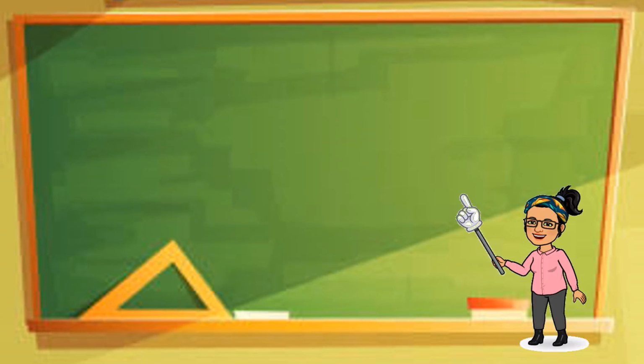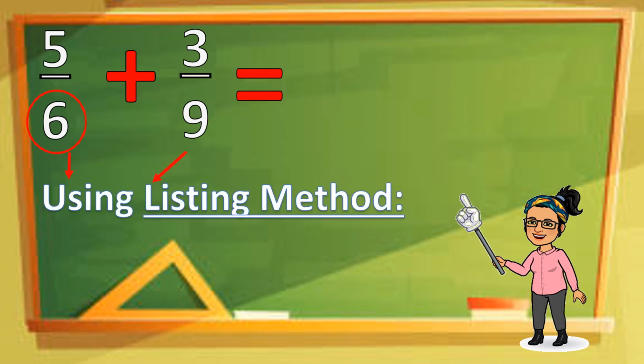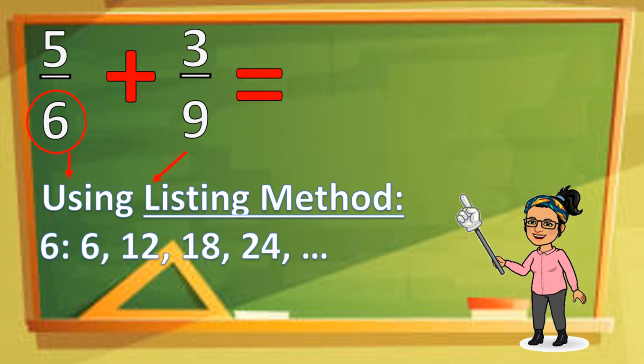Okay, let's have another example. Let's add 5/6 and 3/9. So again, our first step is to find the LCD of the fractions. So let's list the multiples of 6. Multiples of 6, we have 6, 12, 18, 24, and so on.